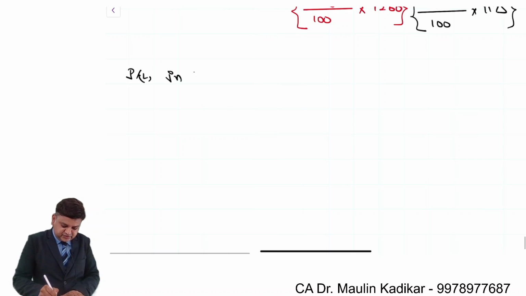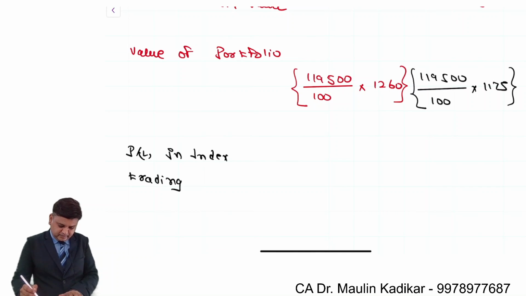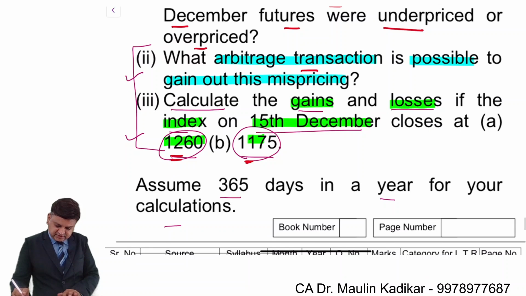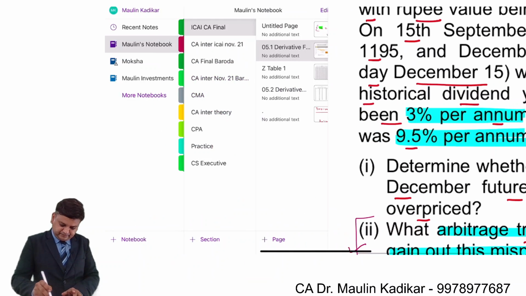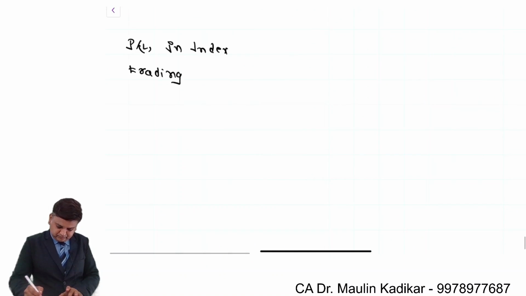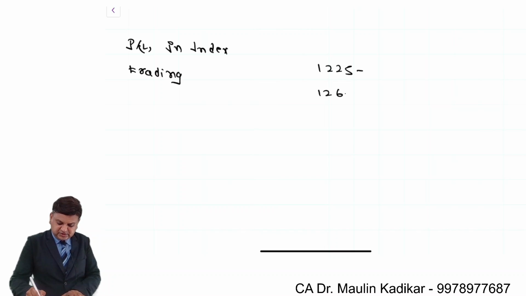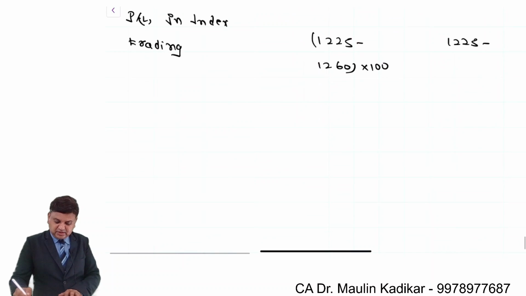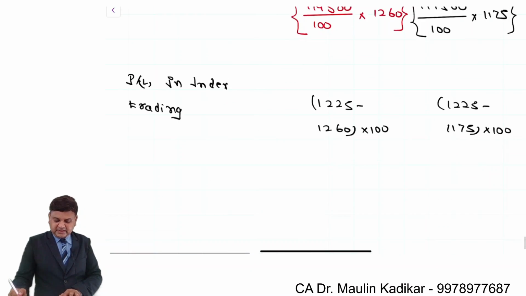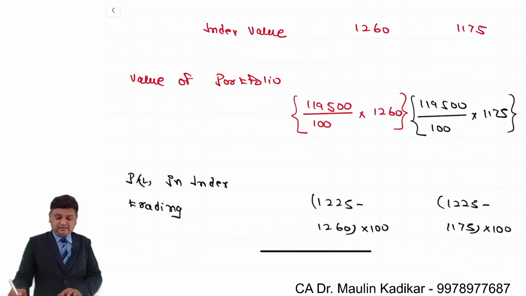Profit or loss in index trading. Your predetermined sale value is 1225. So 1225 minus 1260, difference of that into 100. 1225 minus 1175 into 100. This is a profit or loss in index trading.